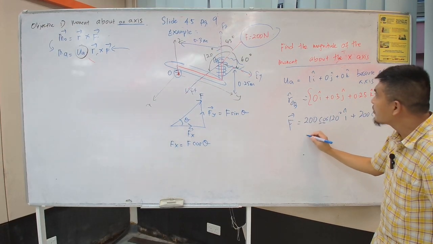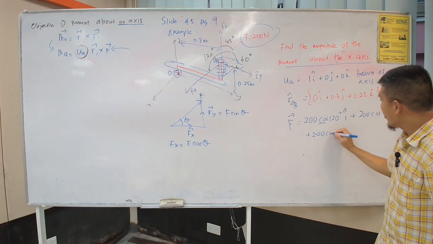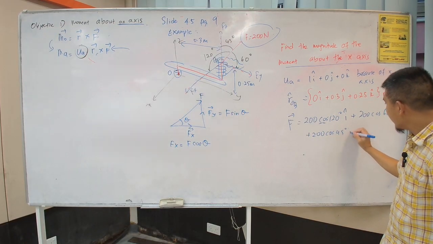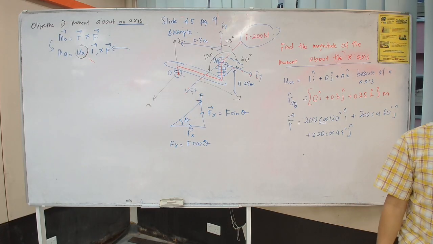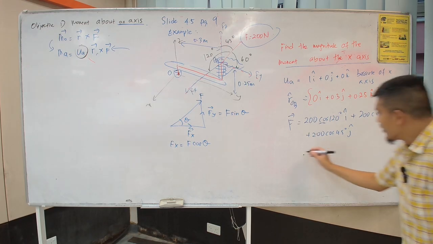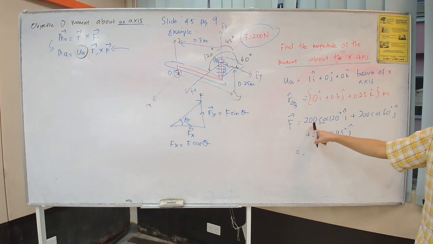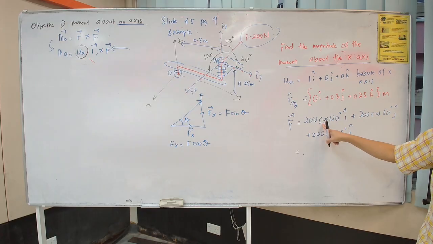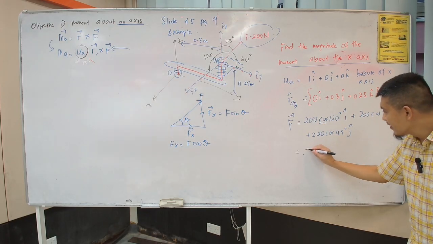So plus 200 cos 45 in the k direction. That's why you use cos, you don't use sine. If you want to find any opposite, then you use sine. Beside, you use cos. So 200 cos 120, I believe.